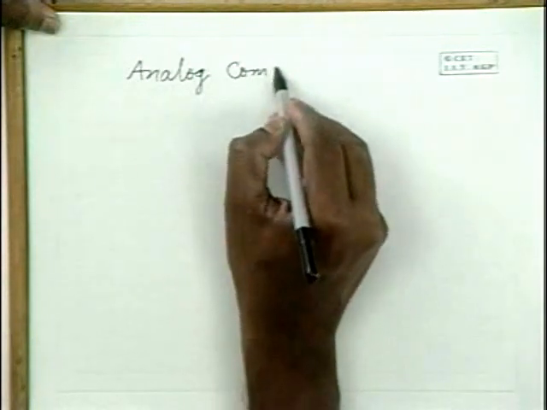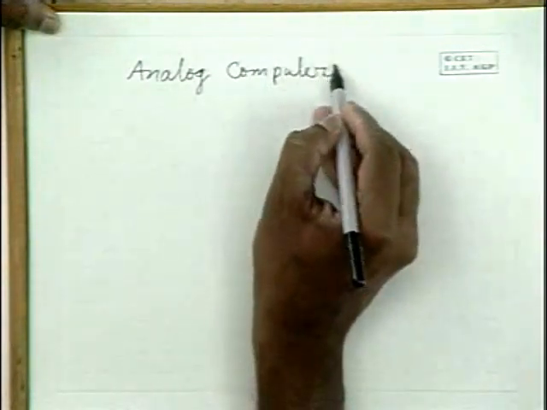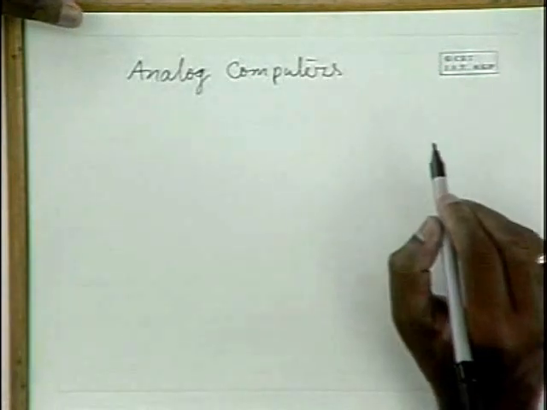Nowadays we have very high speed digital computers available which can do such functions like integrations, differentiations, and even more complex things like forming a matrix inversion, and things like that.